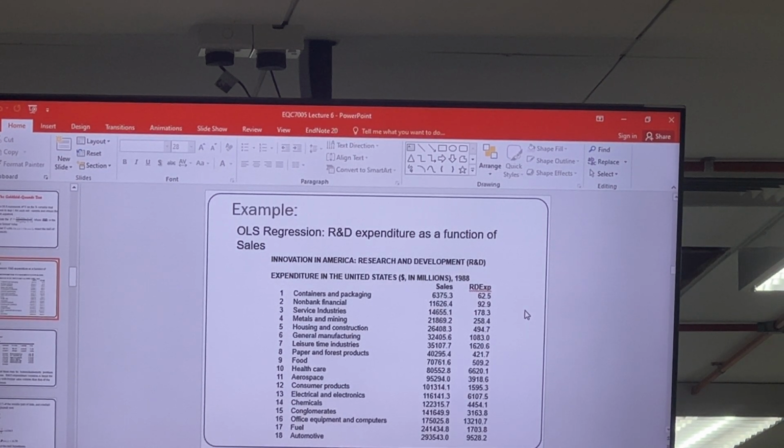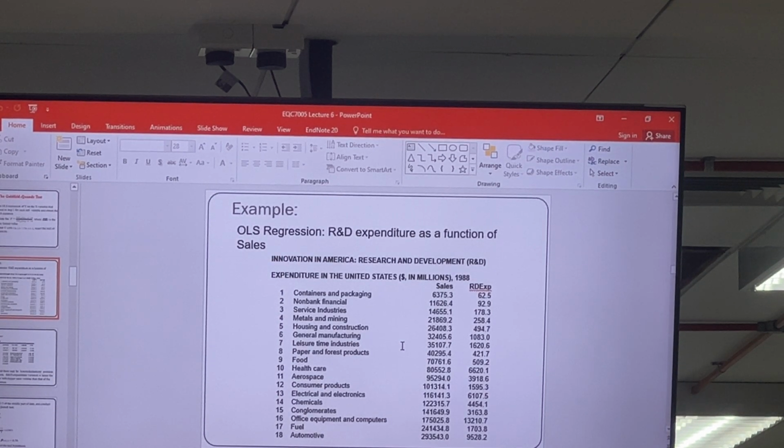If you are able to do so, you can consider to use the per capita or the average, for example, instead of the total amount, because different sizes of companies have different values of sales. A larger company has larger sales and R&D expenditures compared to smaller companies.